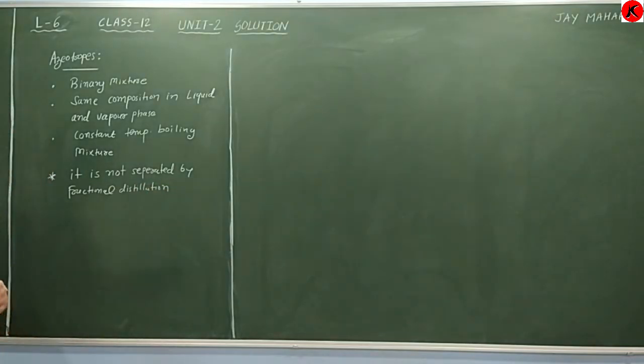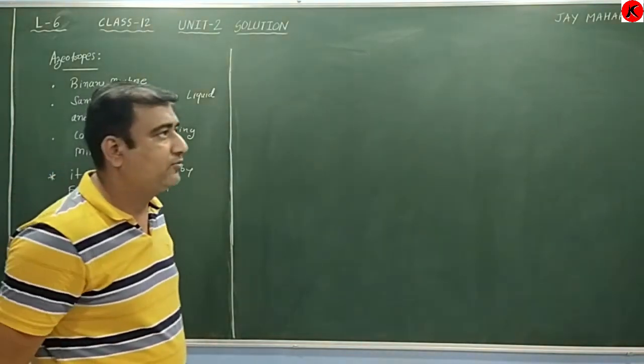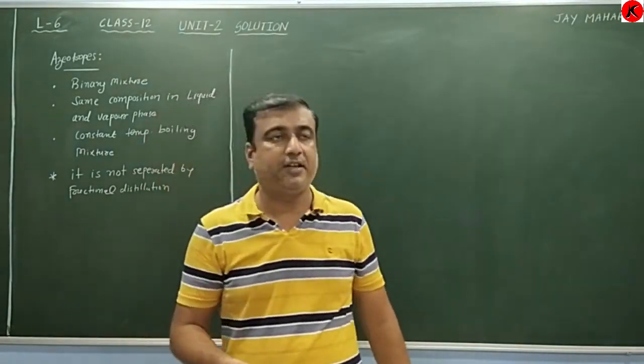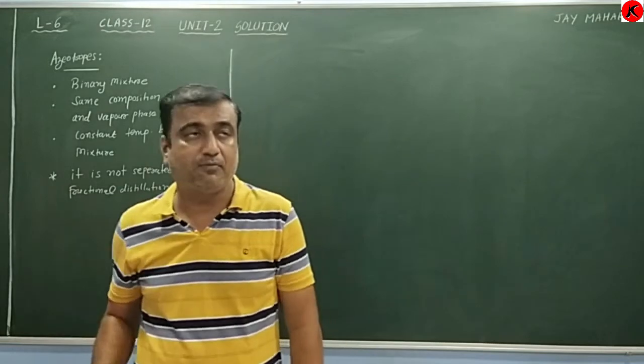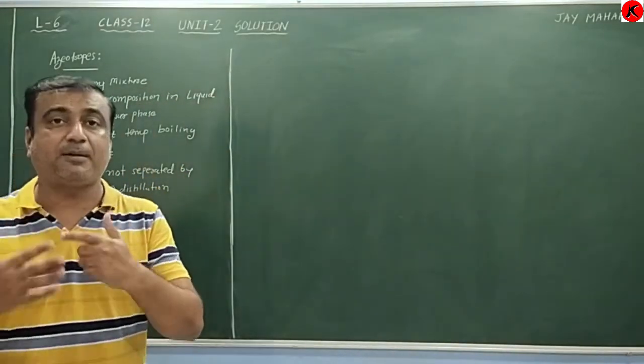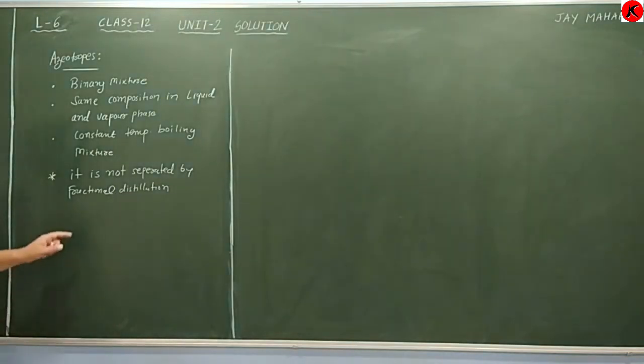That means once the mixture forms an azeotrope, then when fractional distillation is carried out, it has the same composition in liquid and vapor phase. So no further separation is possible by fractional distillation.